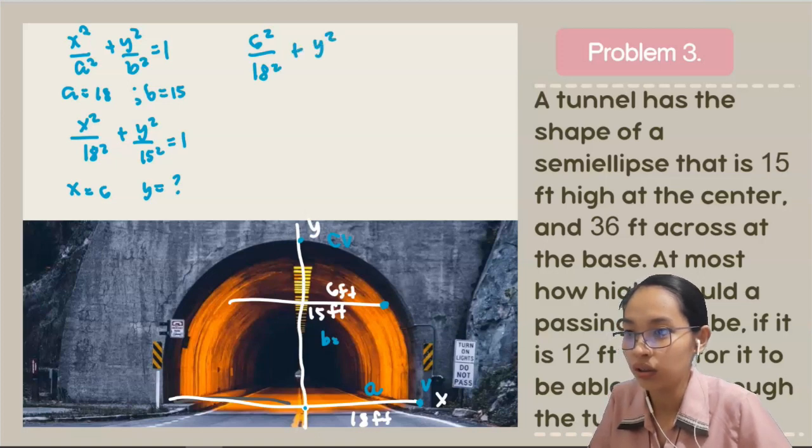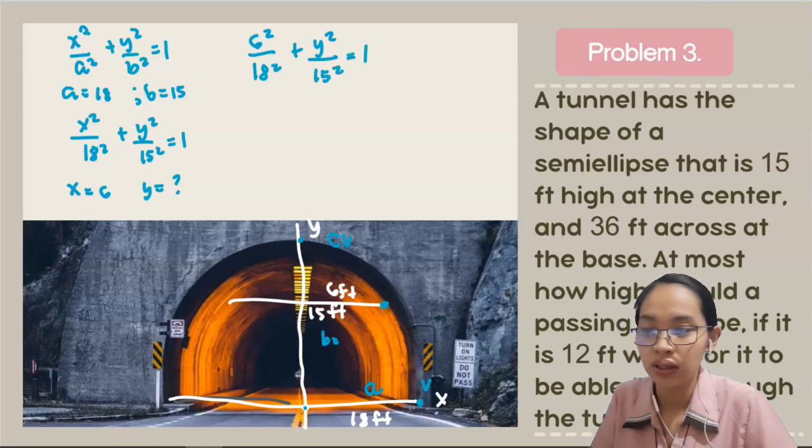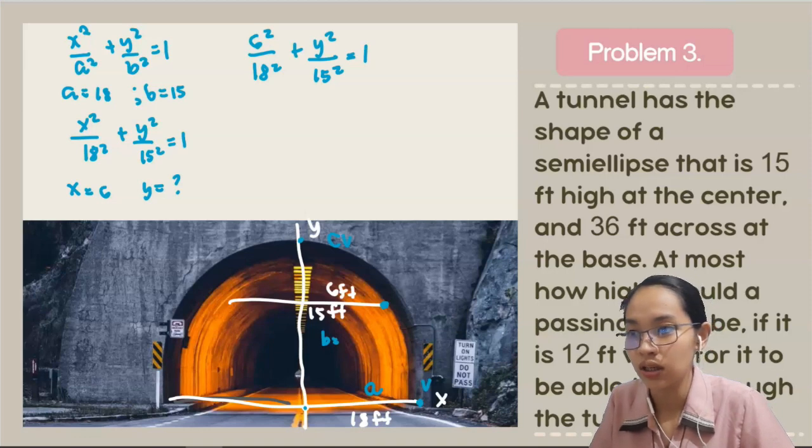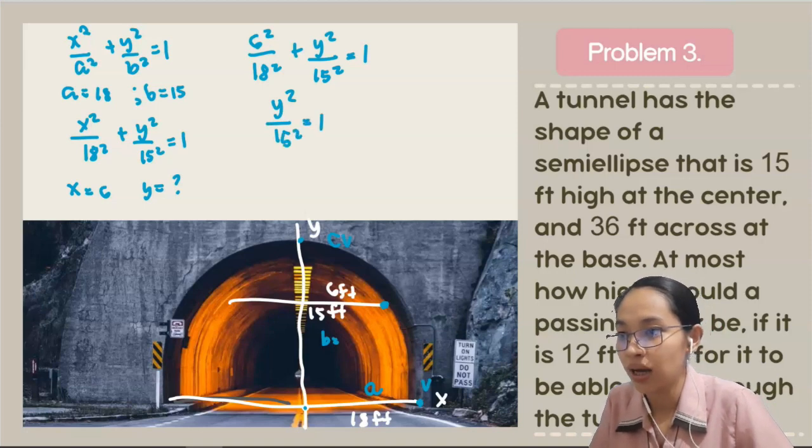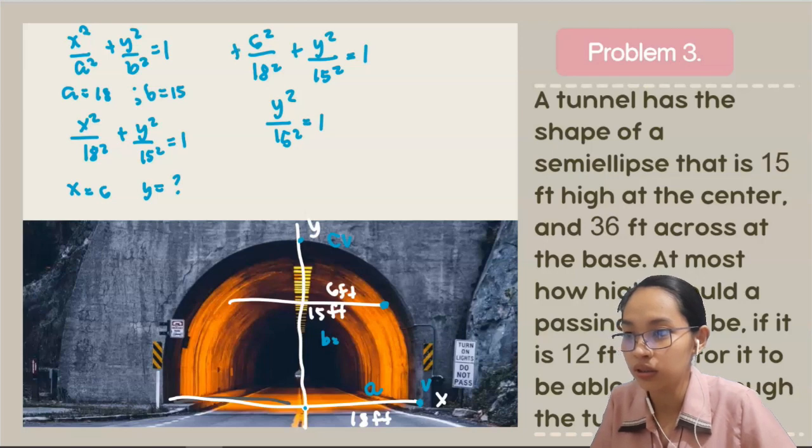So wala pa tayong value ng y, yan ang hinahanap natin. All over 15 squared is equal to 1. Next, we can manipulate our given equation. Transpose natin dyan. So we have y squared all over 15 squared is equal to 1. From positive, itatranspose natin magiging negative or minus 6 squared all over 18 squared.